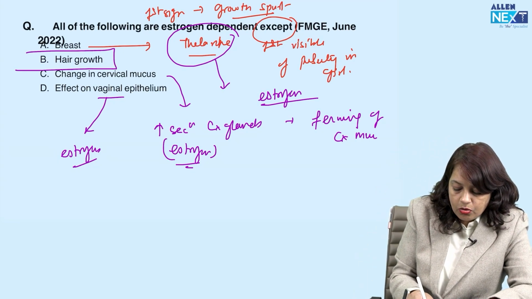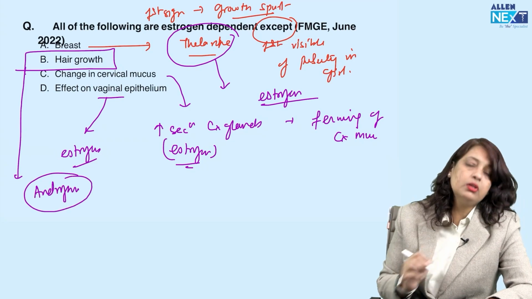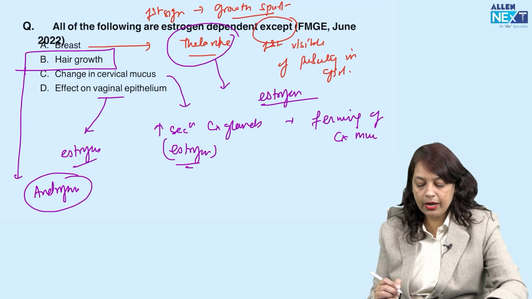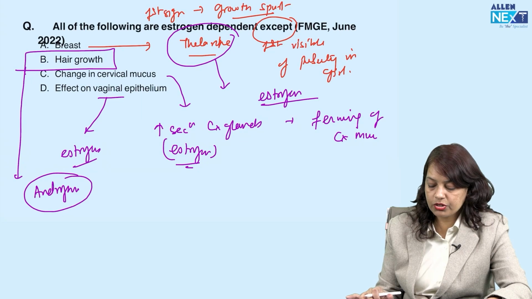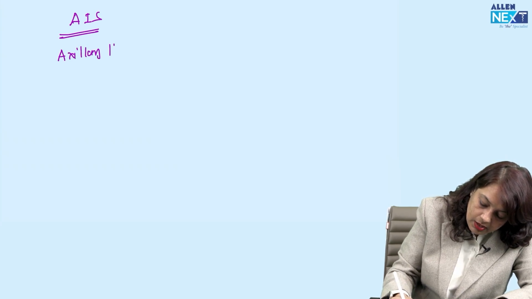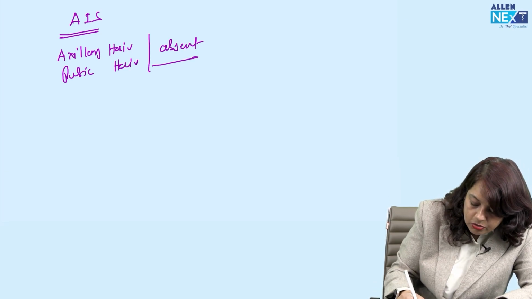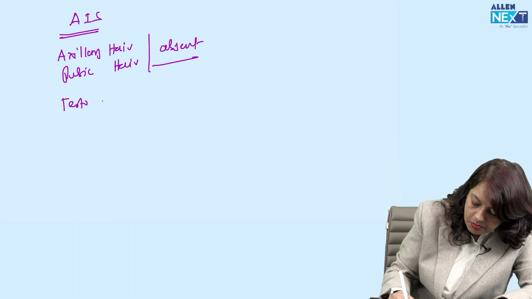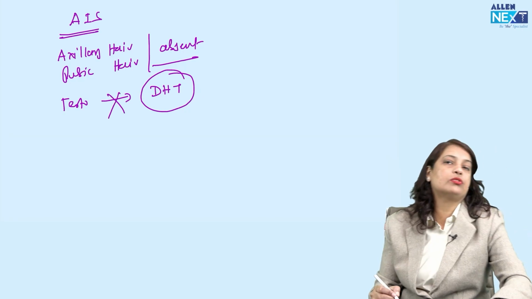But hair growth is purely dependent upon which hormone? It is dependent upon the androgens. Okay. So, hair growth is always dependent on the androgens. Now, remember in androgen insensitivity syndrome, axillary hair and pubic hair are absent, although there is testosterone, but it does not get converted into its active form dihydrotestosterone.